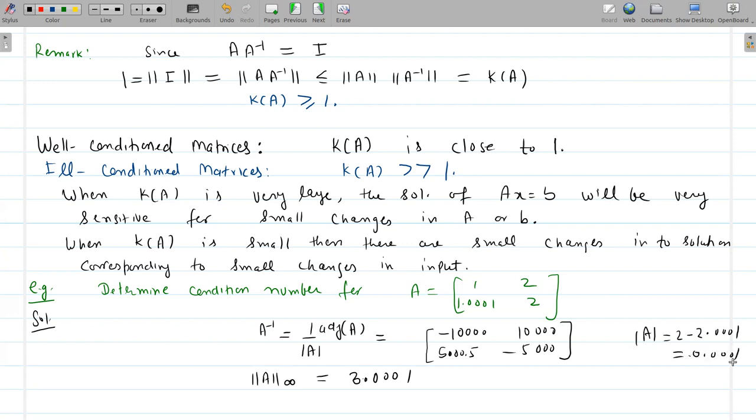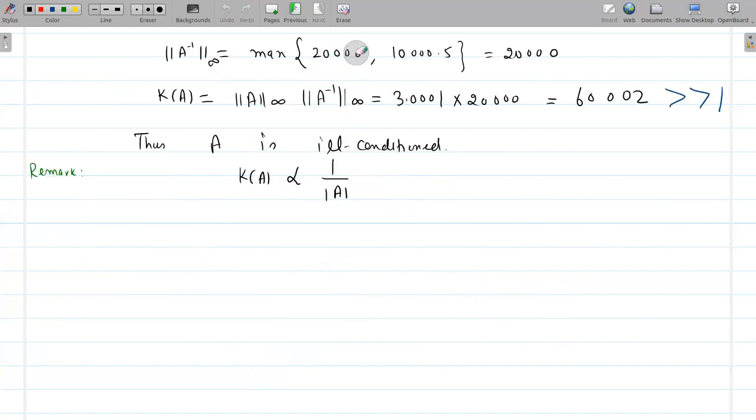So determinant is very small, and in order to calculate A inverse, you are dividing by the determinant. That's why you got a bigger A inverse. So entries of A inverse are much bigger than A. And then you take norm. Since entries are big, norm is also big.